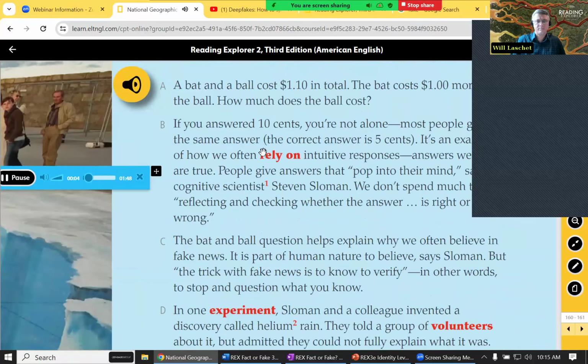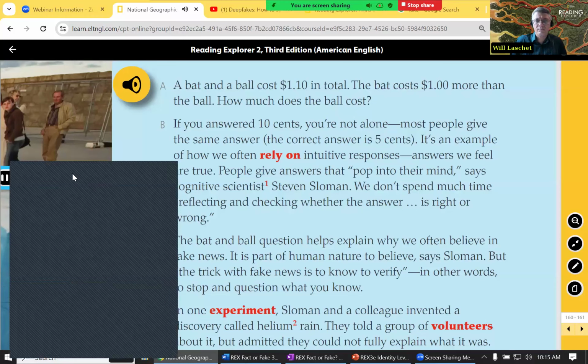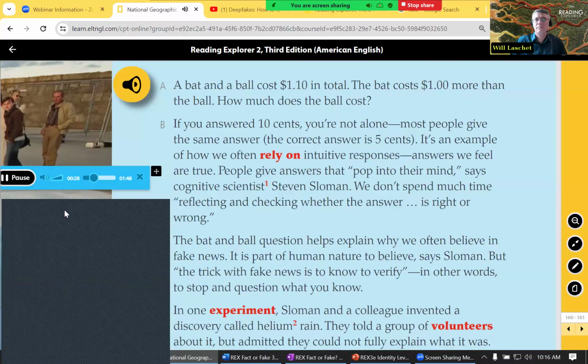A bat and a ball cost $1.10 in total. The bat costs $1 more than the ball. How much does the ball cost? If you answered 10 cents, you're not alone. Most people give the same answer. The correct answer is 5 cents. It's an example of how we often rely on intuitive responses, answers we feel are true.